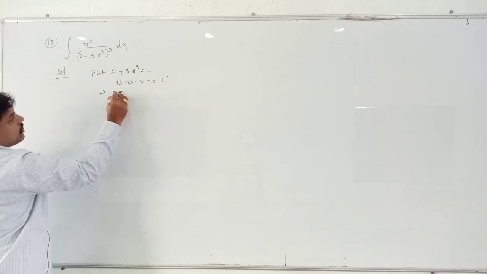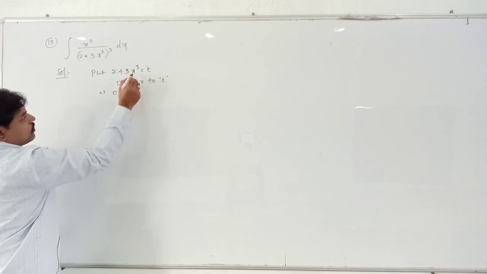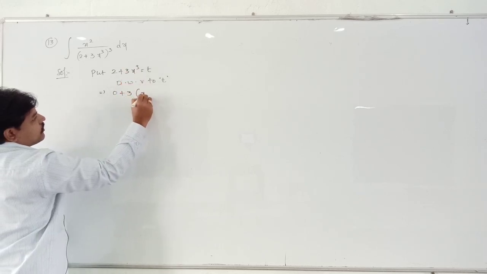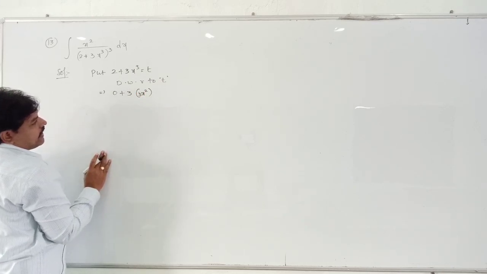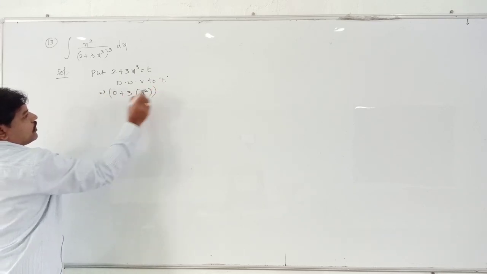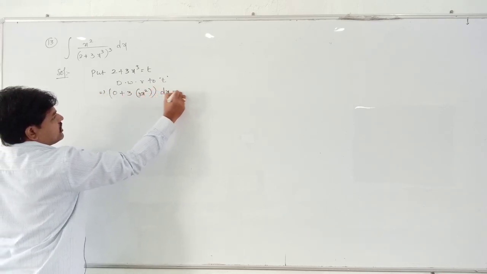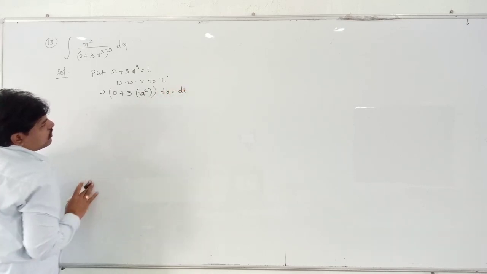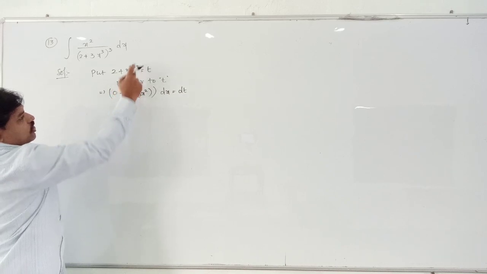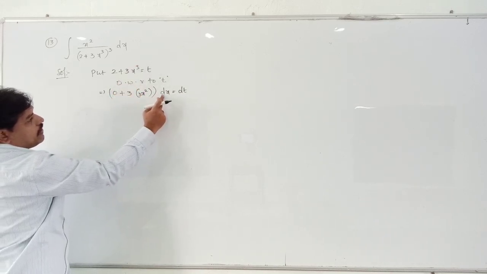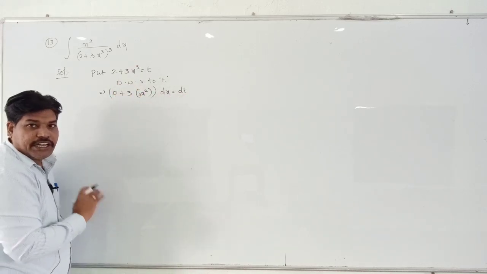Derivative of 2 is 0 plus 3 into x cube derivative is 3x square into dx is equal to dt. See that once again students. Derivative of 2 is 0 plus 3 into x cube derivative is 3x square into dx is equal to dt.